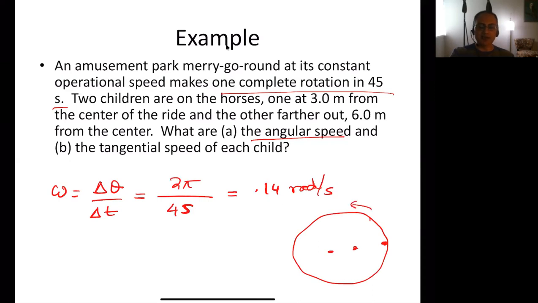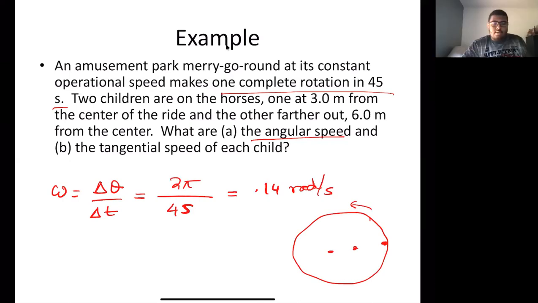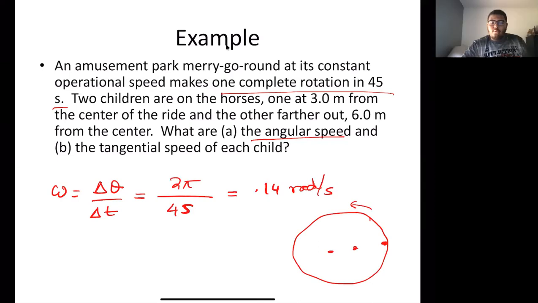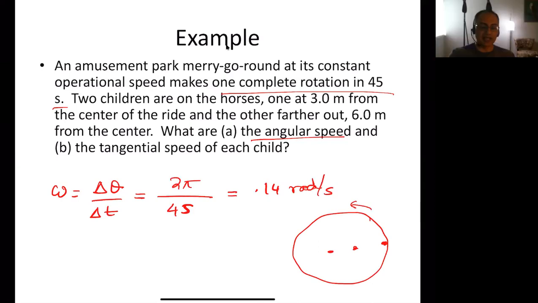What's the omega of each horse? Would it be the radius of each horse times the omega? No, we are looking for the omega. That would be the v that you're talking about. That's the next thing that we are going to find. But what is the omega, the angular speed of each horse going to be? Do we need to do any calculations for that?